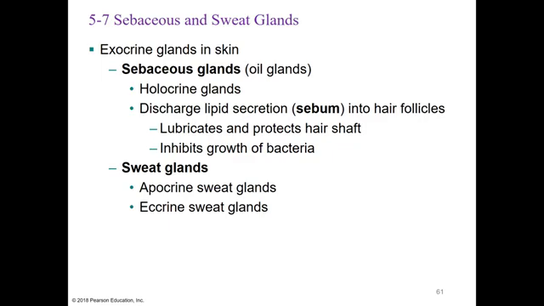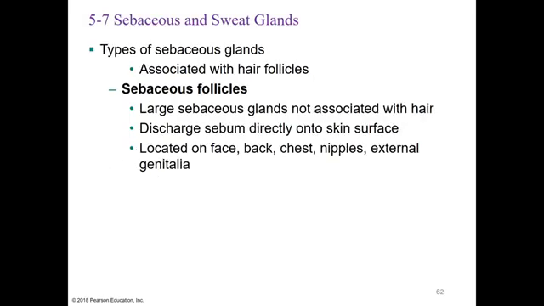Oil glands can also not be associated with hair, and they can just put oil right onto the surface of the skin, and you would definitely have those on your face. So again, sebaceous glands can be associated with hair or not associated with hair and discharge oil directly onto the skin.